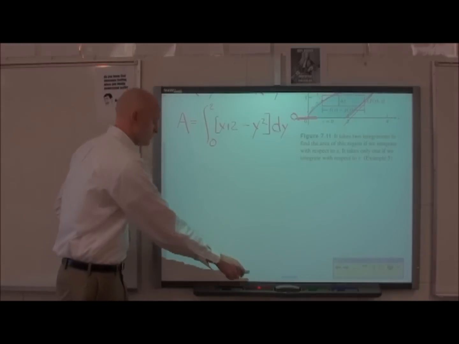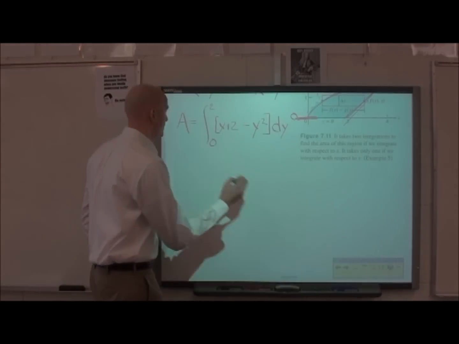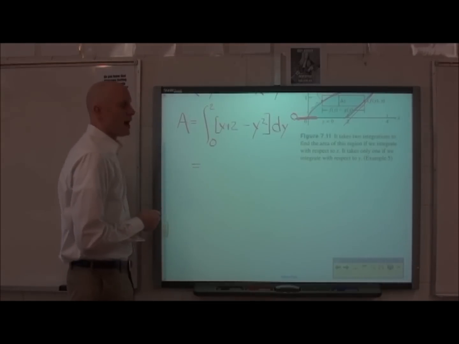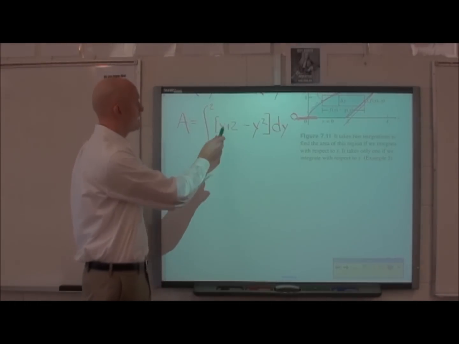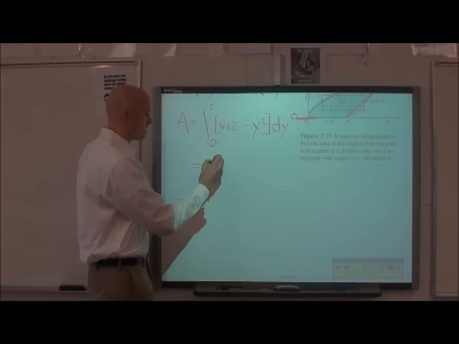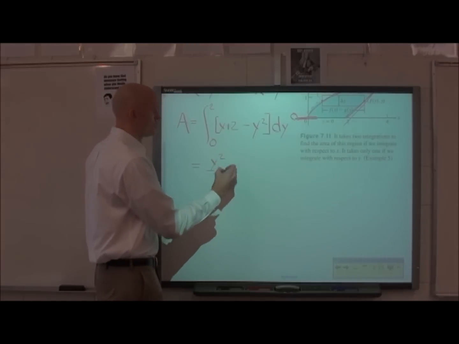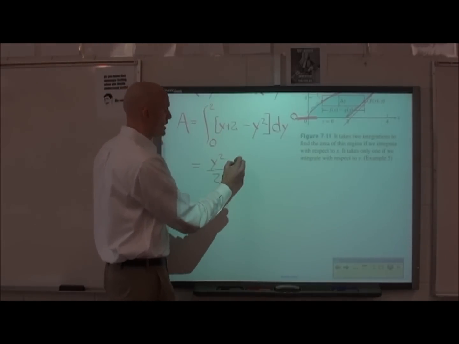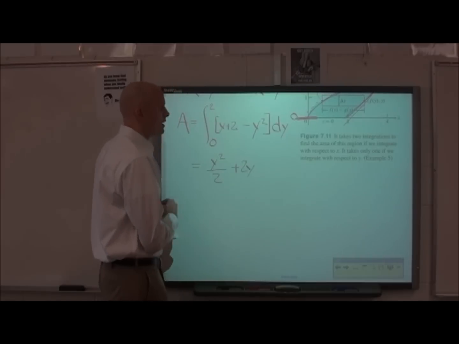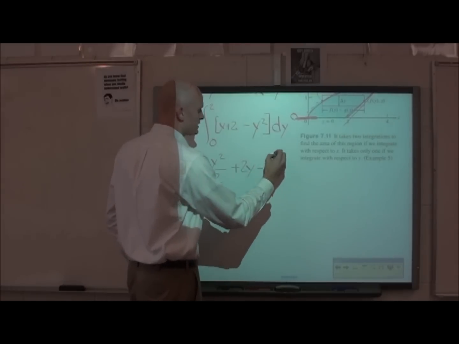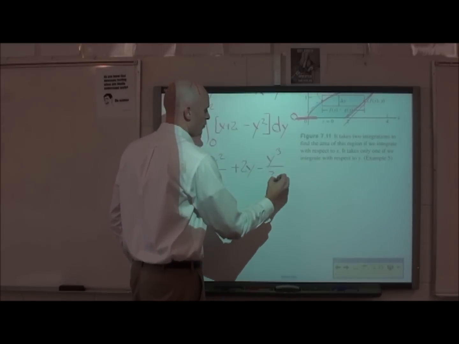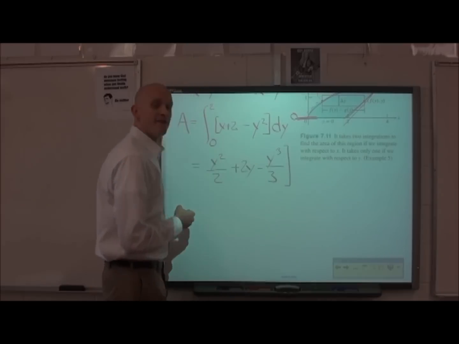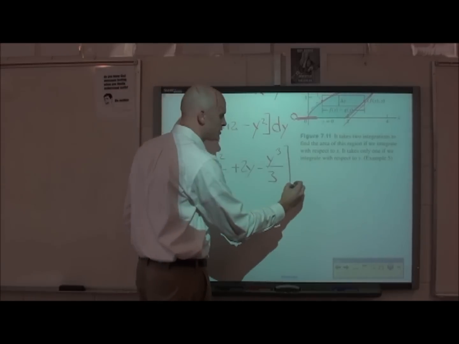So, doing so, we see that this is equal to our antiderivatives. The antiderivative of y is y squared over 2. The antiderivative of 2 is a positive 2y. And the antiderivative of y squared is y cubed over 3, and all of that is evaluated from 0 to 2.